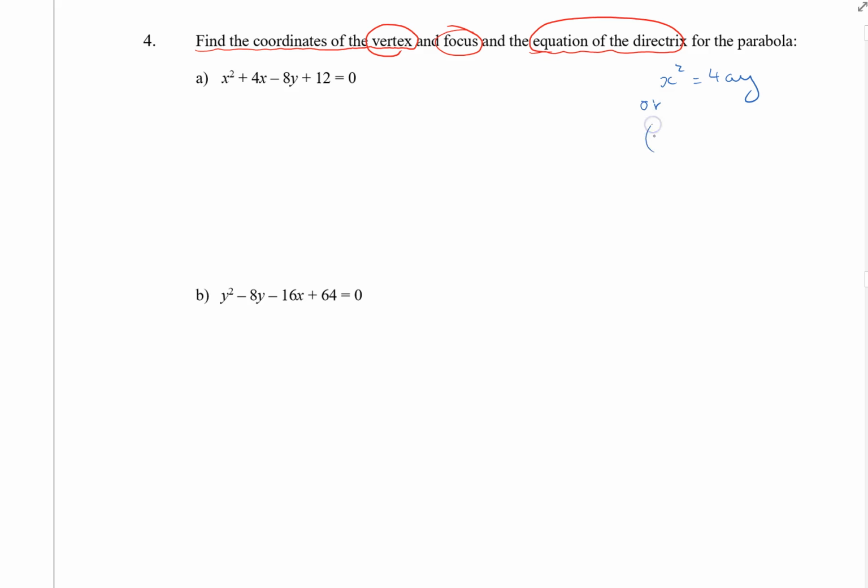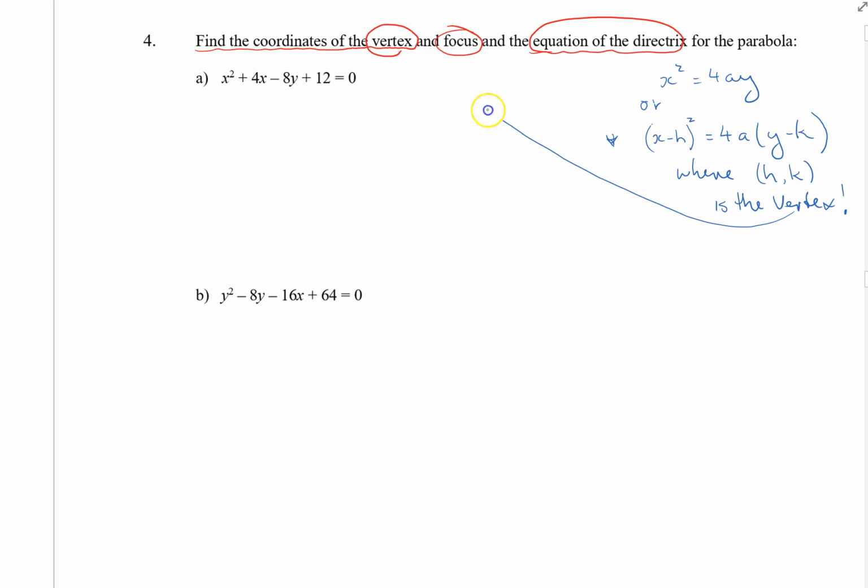So, or (x minus h) all squared is 4a(y minus k) is the other format, where (h, k) is the vertex. Now, I note that because if I can get this equation into this format and h and k are the vertex, I've answered that bit.